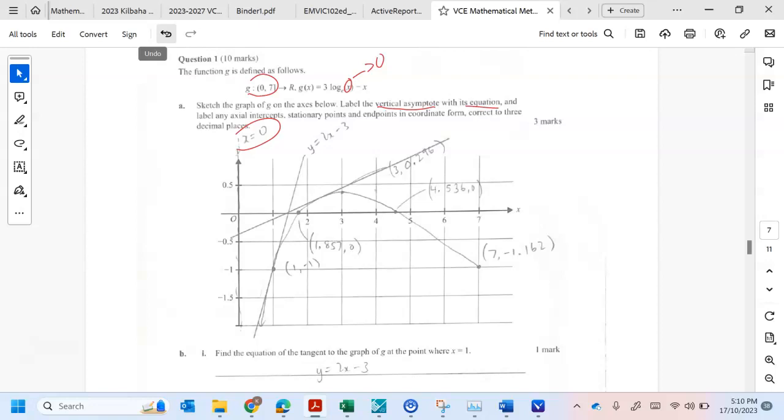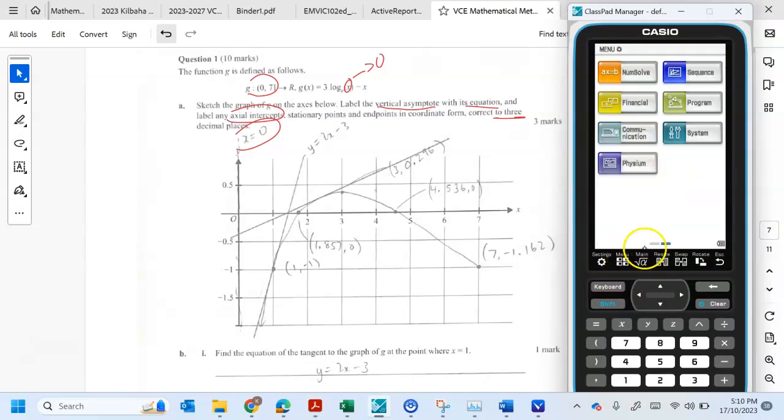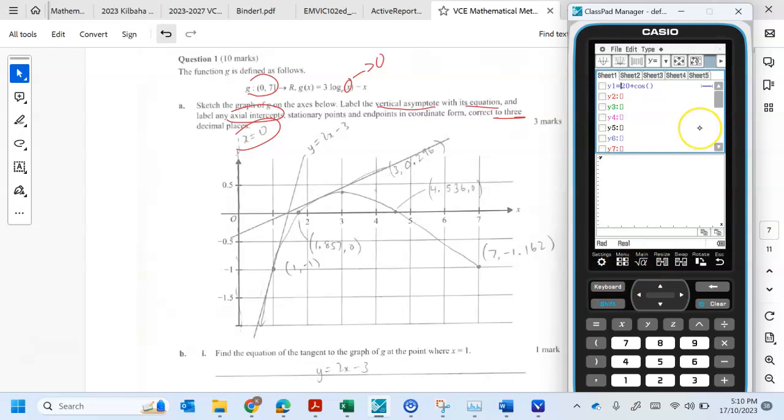We have to label our axes intercept, so you can do that on your calculator. Just type it into your calculator and get those axes intercepts. It does say correct to 3 decimal places, so that's awesome. Just make sure if you're using the graph screen, and I wonder, I don't think I have, let me just check whether I've already got it sketched.